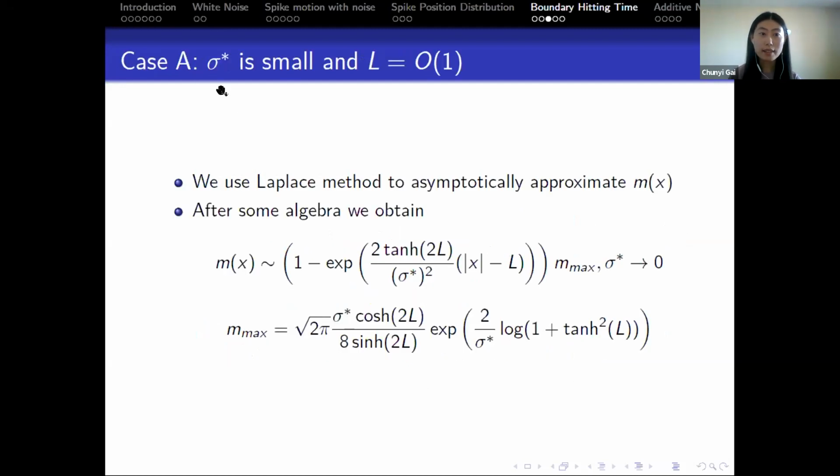For the case where sigma star is small and we take L to be order 1, we can apply the Laplace method to approximate our result. After some algebra, we get the mean first passage time can be approximated by this formula, where the maximum of this function, by setting x equal to 0, is given here.